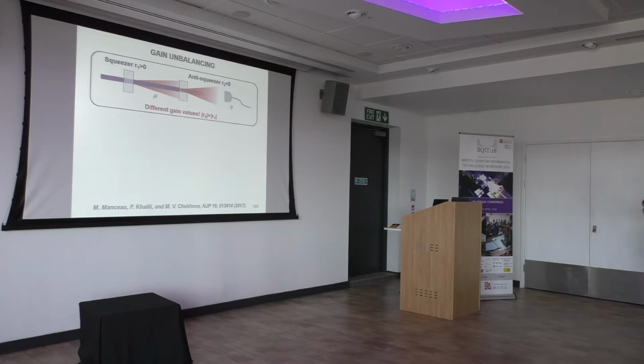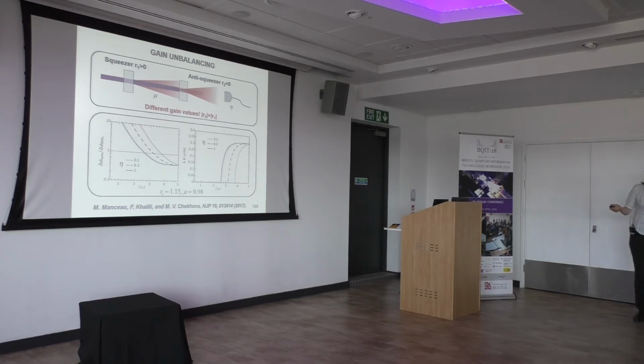And it so happens, here is just a theoretical calculation, that if the quantum efficiency of the detector is not 100%, it can be 30% here, can be even 10% here, we can always achieve the same value of phase sensitivity, delta phi, as for ideal detection by increasing the gain of the second parametric amplifier.